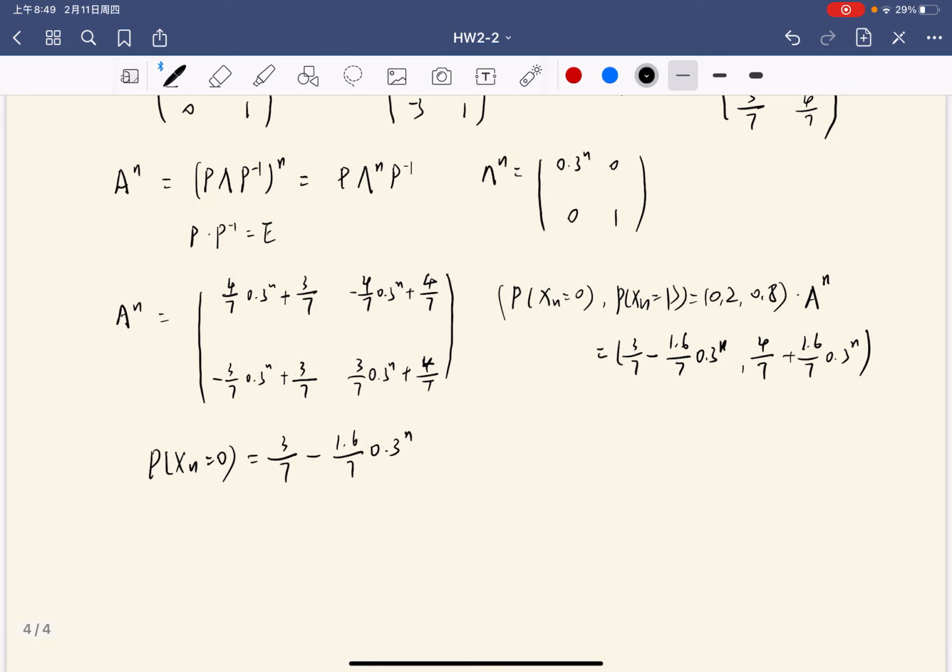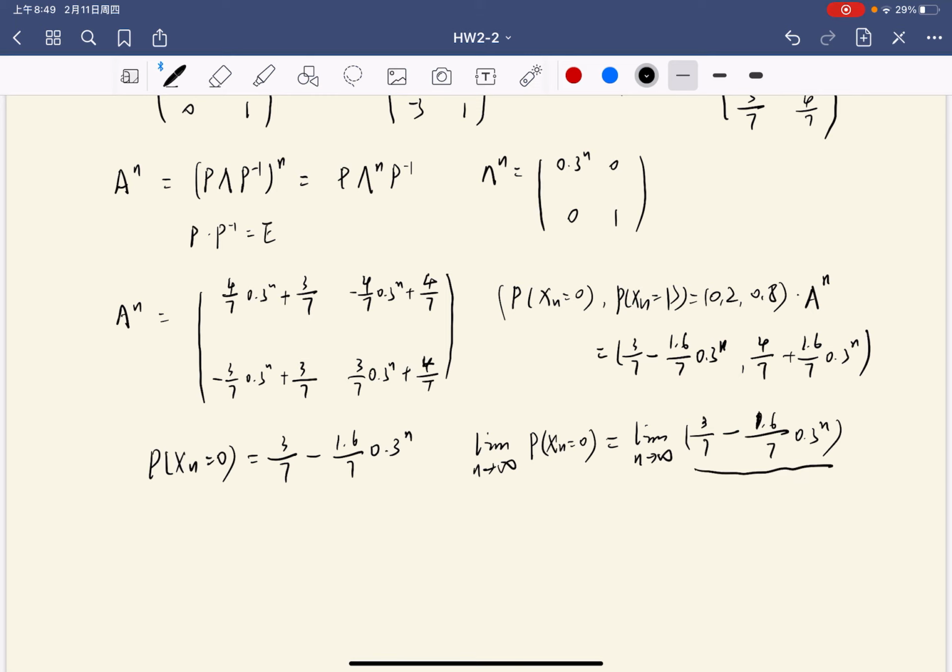Because in the question we need to calculate the probability of xn equals 0 when n approaches infinity, we take the limit of this expression.